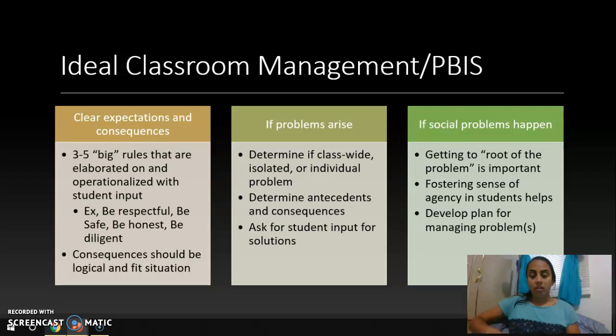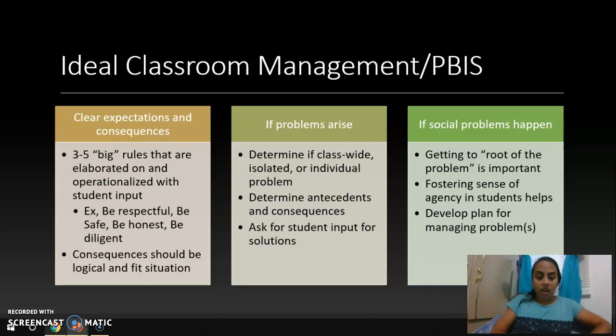If it's isolated, then a simple reminder to follow the rules might be enough. And if it's individual, then we might want to look at what is going on with the student or students. And then the second step would be to determine the antecedents and consequences of the problem. So, what happened before the problem arose and what happened after that.